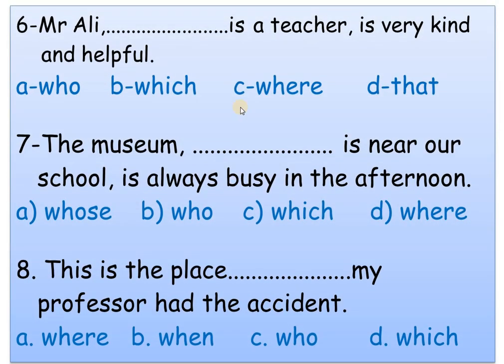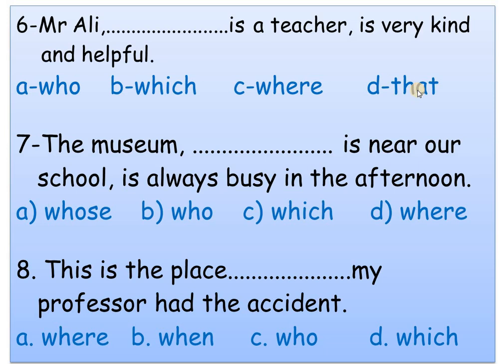Other questions. Choose Mr. Ali space is very kind. Try to look carefully. After Mr. Ali there is a comma. And after the sentence there is another comma. Is very kind. So this sentence is a non-defining sentence. In the case of non-defining, we agreed that we can't use that.